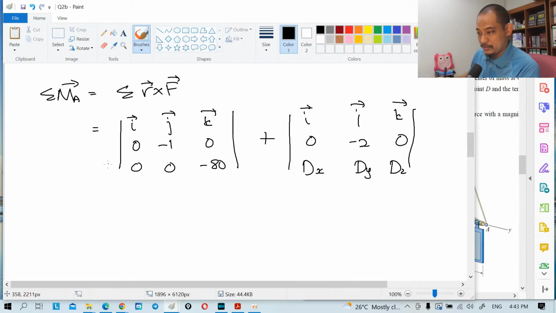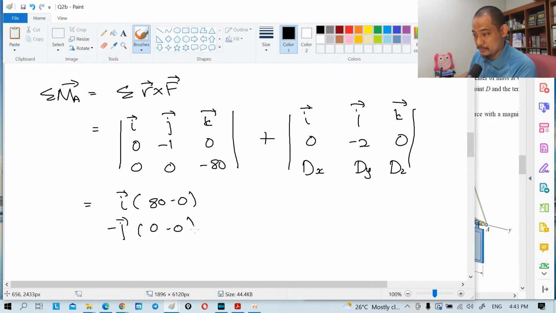So in this case, on the left side, I equal to 80 minus 0, minus J, 0 minus 0, plus K, 0 minus 0.